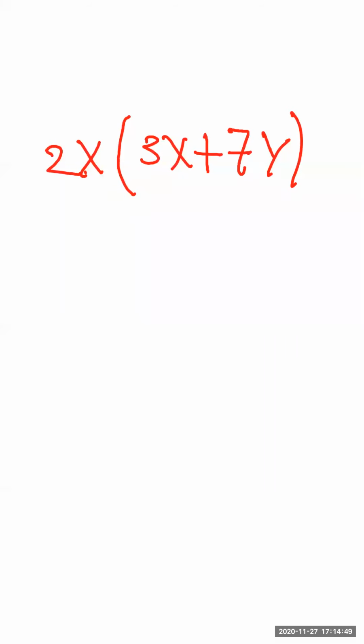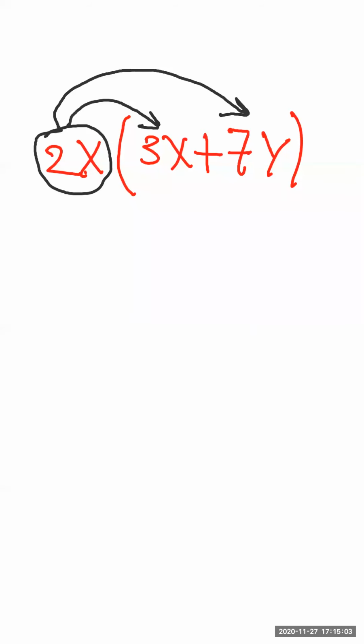Simply, guys, I'm going to multiply this term by the first term, then again multiply it by the second term. First I multiply 2x by the first term. 2 times 3, normal multiplication, is 6. x times x, same base, multiplication, add the indices, x power 2.